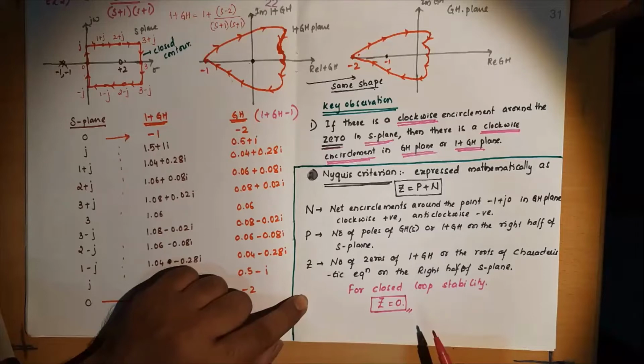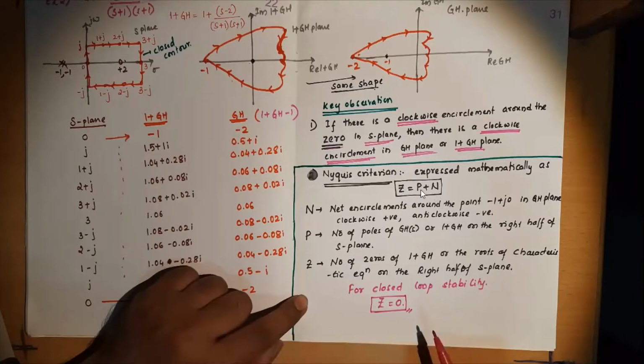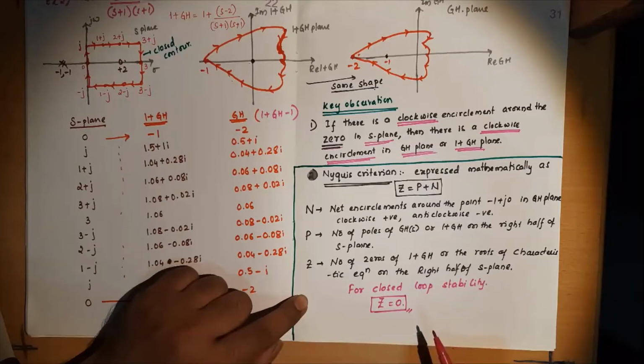Yes. So this mapping and all we did, why? Because Nyquist has given one formula and we need to substitute the values in that formula to check the closed loop stability. As I said at the beginning of the class, given an open loop transfer function, you should check the stability of the closed loop system using the Nyquist criterion.